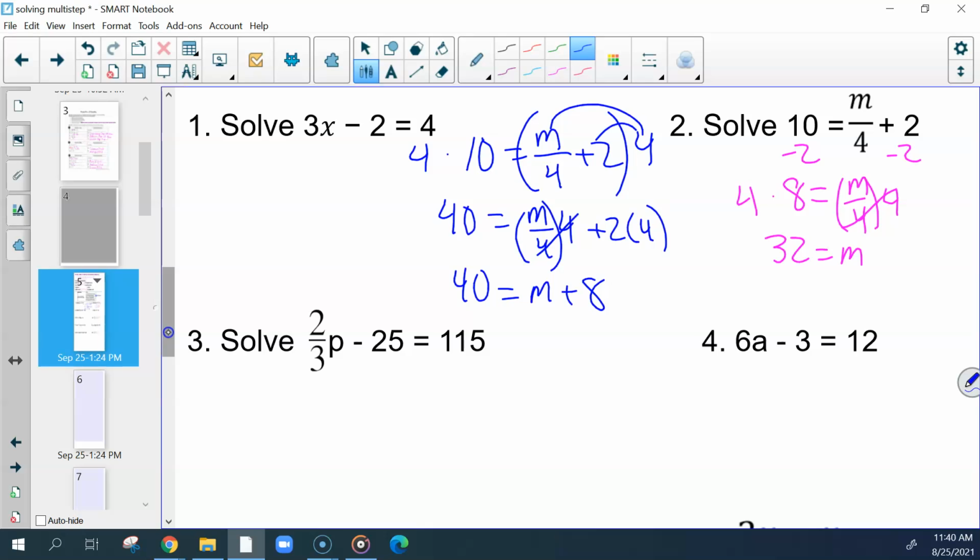Now you no longer have fractions, and it became simpler to solve. From here, I'm still trying to get m by itself, so I would subtract on both sides. And even though I solved it a different way, I still got the same answer.